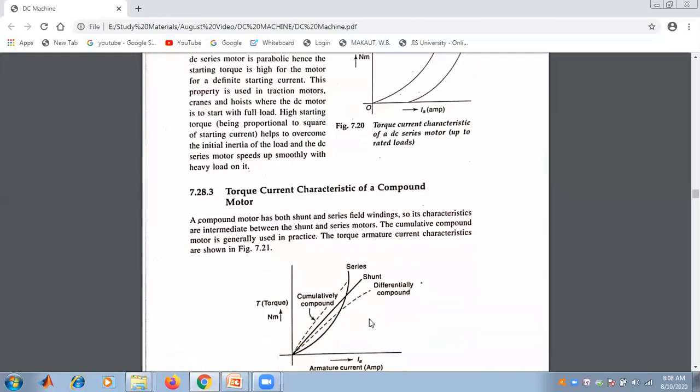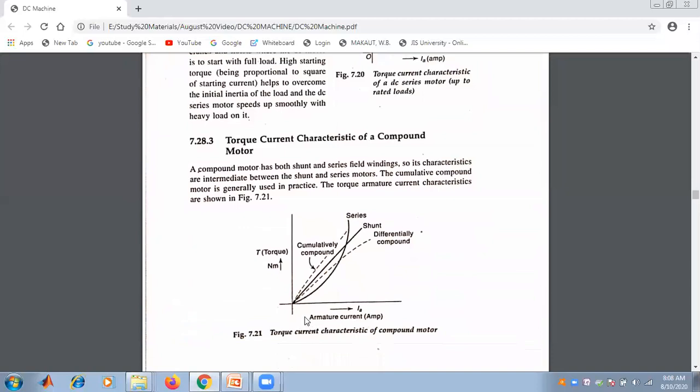So let us take another part, that is the torque current characteristics of a compound motor. In case of the compound motor that we have discussed earlier, it has both shunt and series field winding. So its characteristics are intermediate between the shunt and series motors.